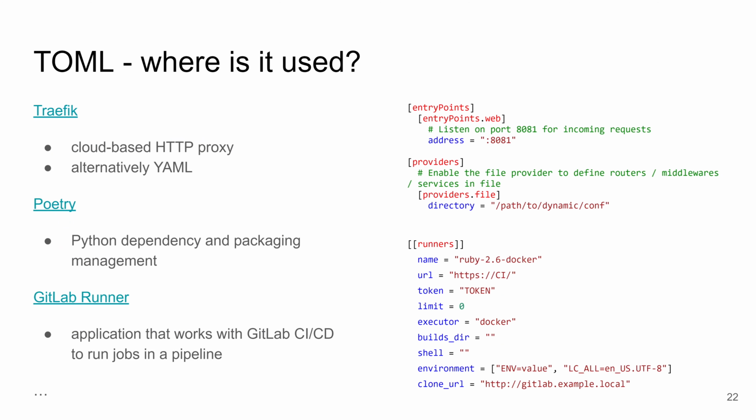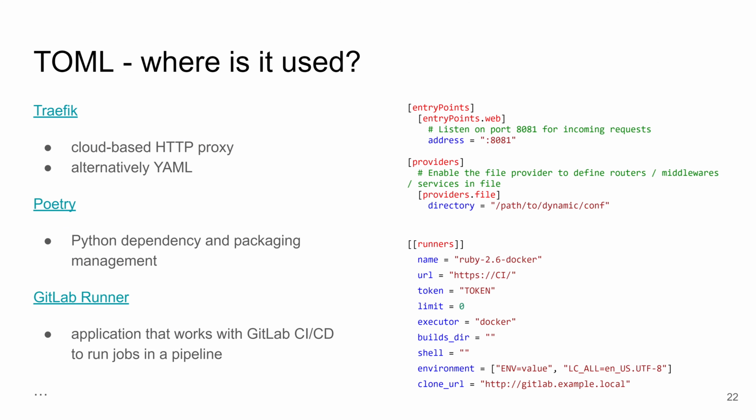Well, it is used in modern web-based projects because it's quite a recent data format. And I have 3 examples for you. One is Traefik, which is a cloud-based HTTP proxy, which you will use when you deploy your Kubernetes systems and so on. An example of a TOML file configuring Traefik is in the upper right side of the slide.